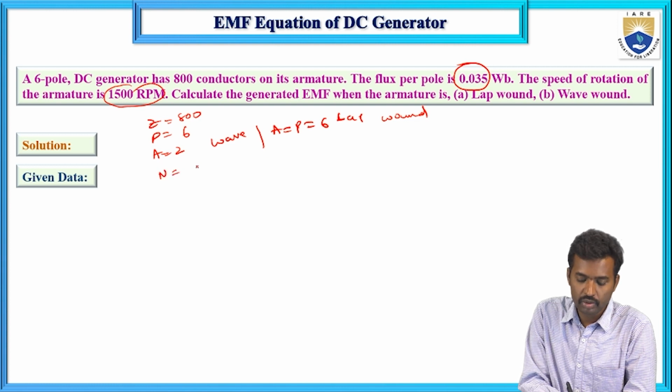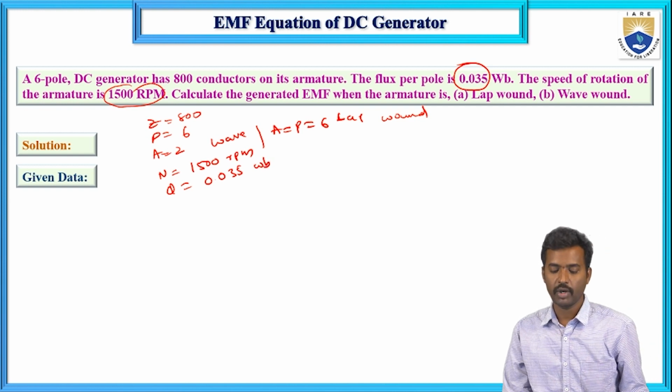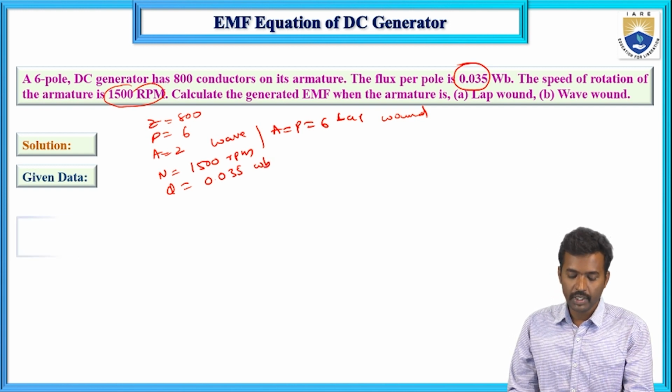And N equals to 1500 RPM, and flux equals to 0.035 Webers, means 35 milliwebers. Now what will be the EMF?